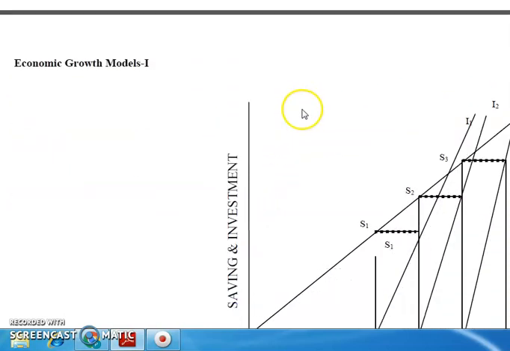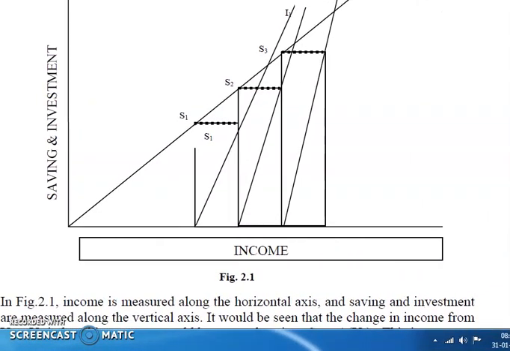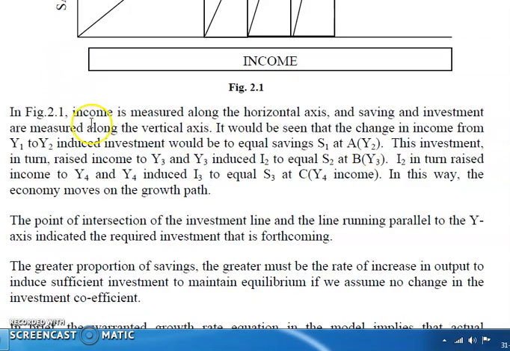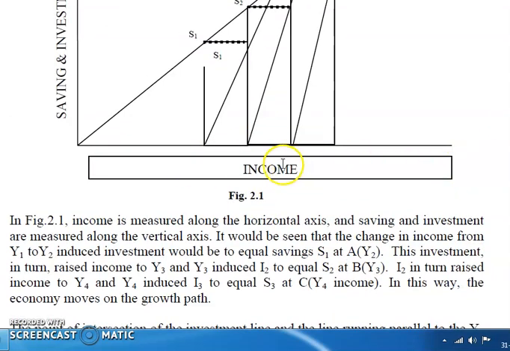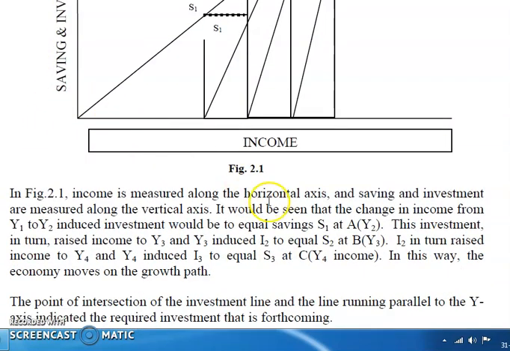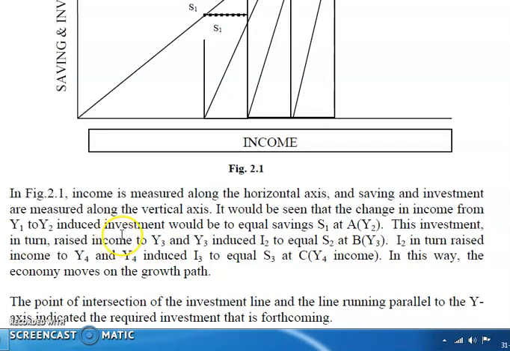This equilibrium path is also represented with the help of a diagram. Income is measured along the horizontal axis, and saving and investment are measured along the vertical axis. With the change in income from Y1 to Y2, induced investment would equal saving S1.